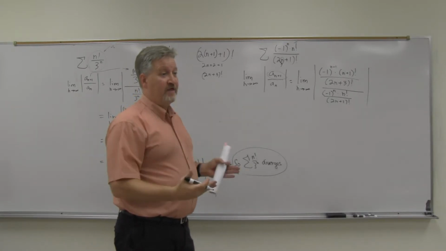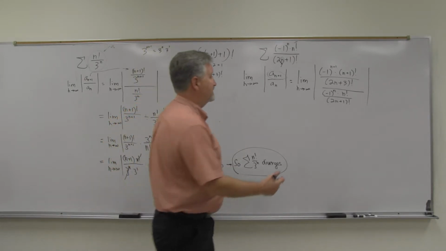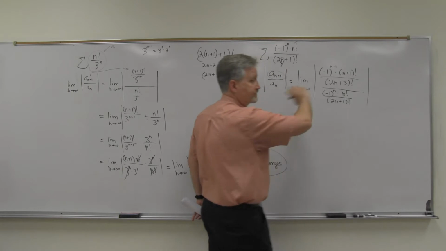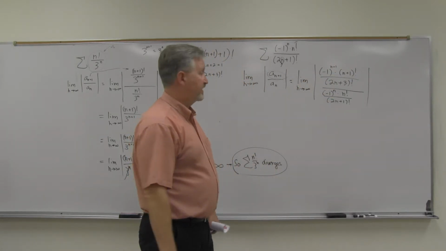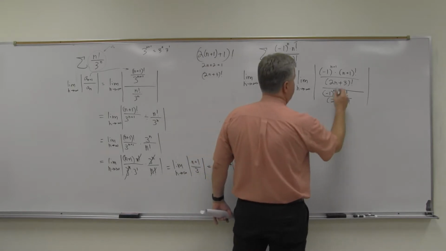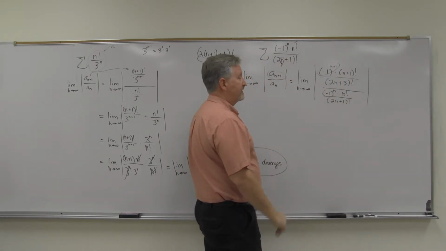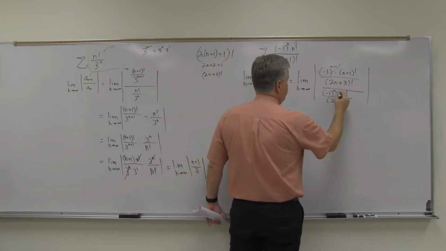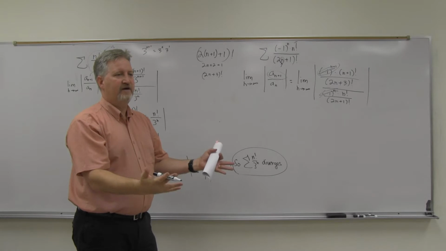However, since I'm taking the absolute value, everything turns positive, right? So the absolute value wipes out our alternating signs, the negative 1 to the n and negative 1 to the n plus 1. We could combine those and get some cancellation, but those are just going to be wiped out because of the absolute value.